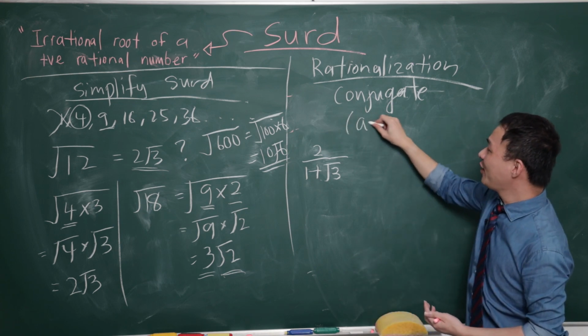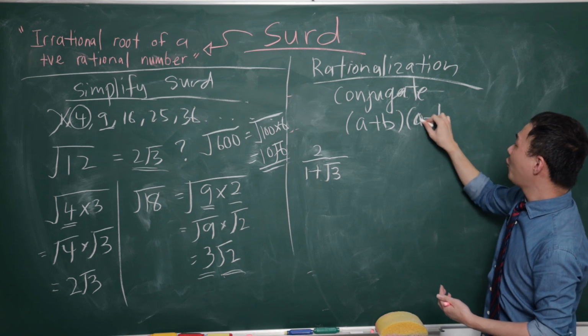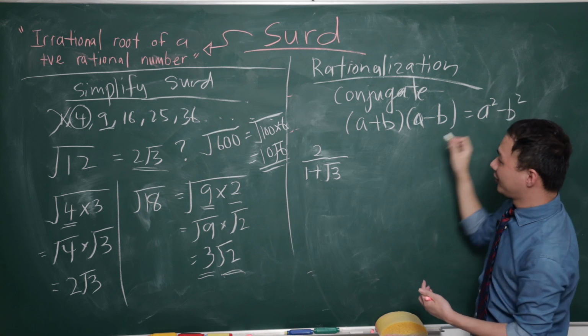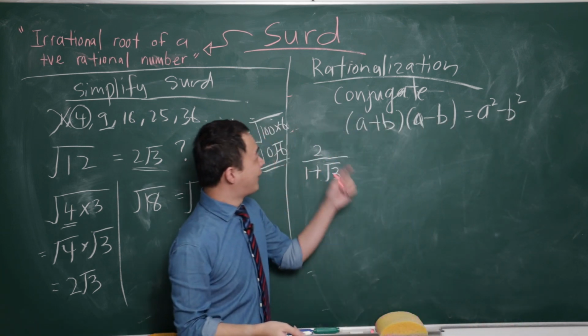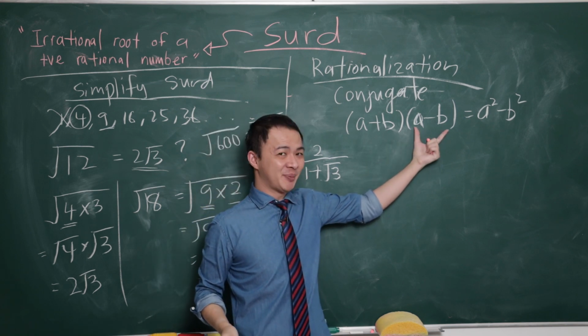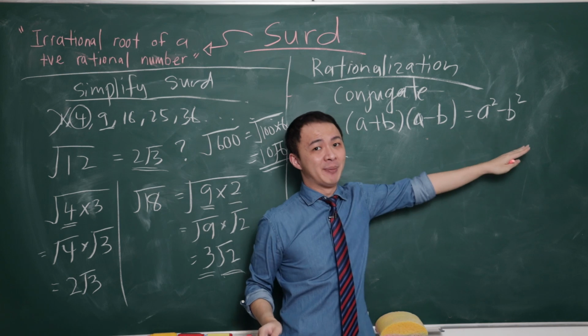Because if we have a plus b multiply a minus b, what we will get is a squared minus b squared. So that means if I have a plus b, I multiply a minus b, this is the only way I can square my a and square my b.